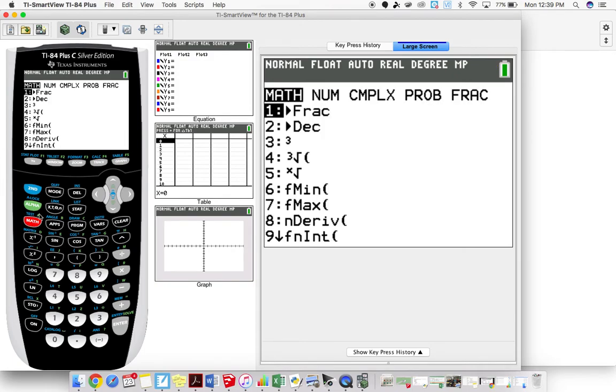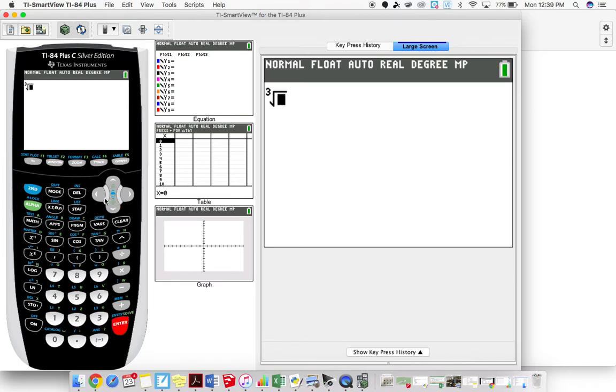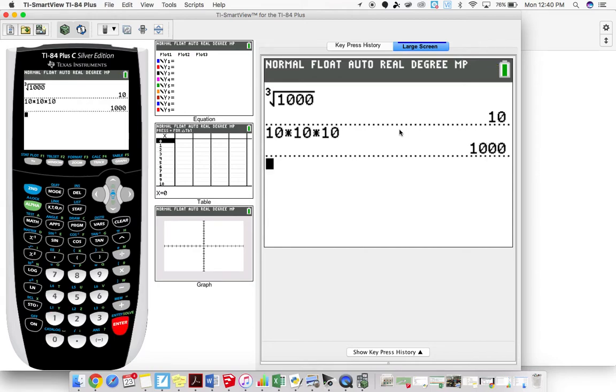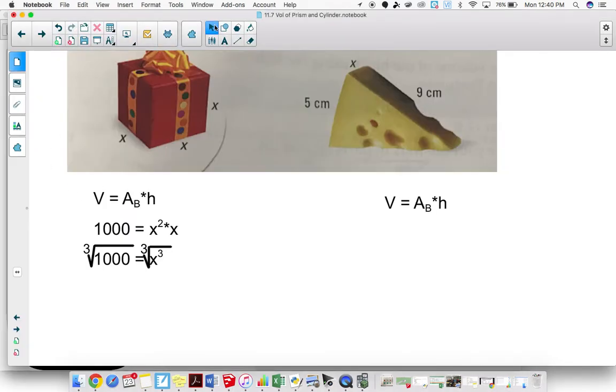If you go to math, scroll down to option 4, and that little 3 means we're taking the cubic root. So the cubic root of 1,000 would be 10, and that just means 10 times itself 3 times gives me that 1,000 that we started with. So the answer to this question would be 10.